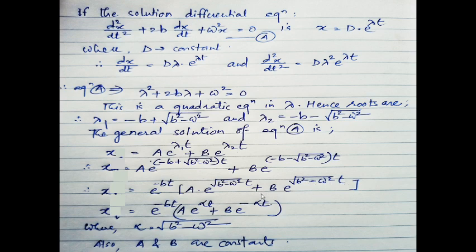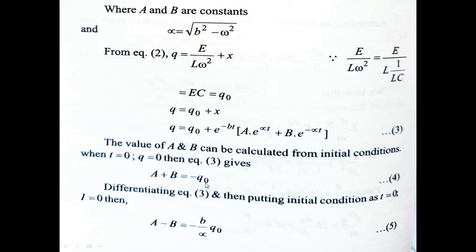Now for √(b² − ω²), let us use α. Then the equation becomes x = e^(−bt) (A e^(αt) + B e^(−αt)), which we have taken as a solution in the previous slide, where A and B are constants and α is √(b² − ω²).